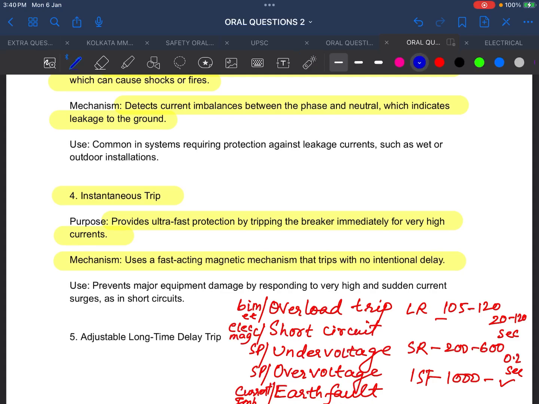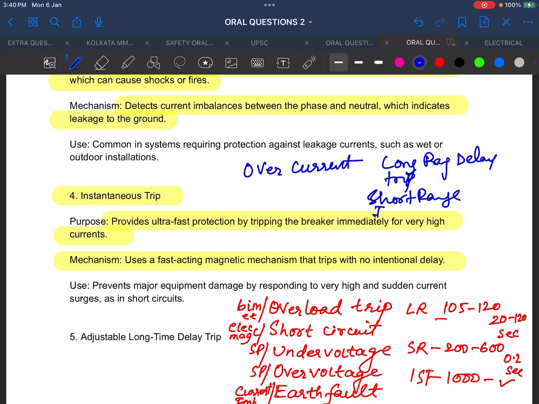There are overcurrent trips: long range delay trip, short range delay trip, and instantaneous also. When will instantaneous happen?